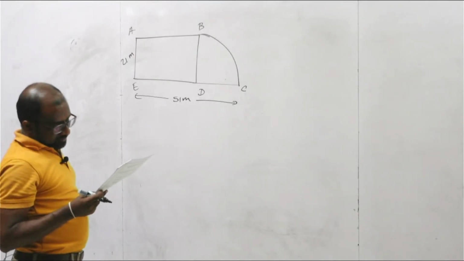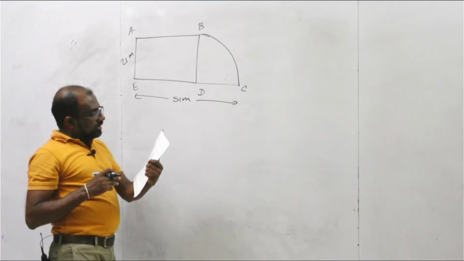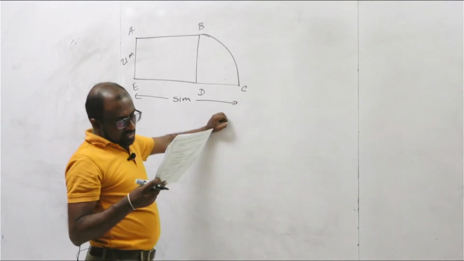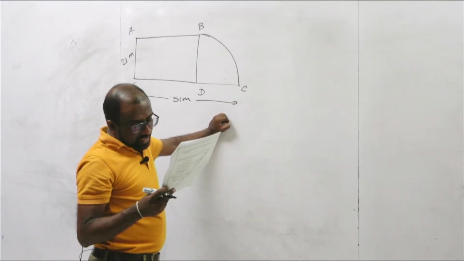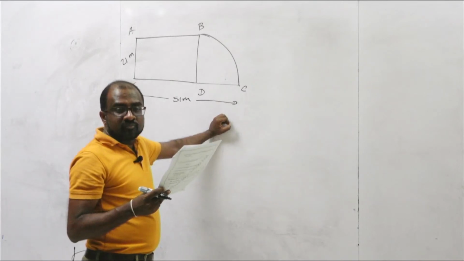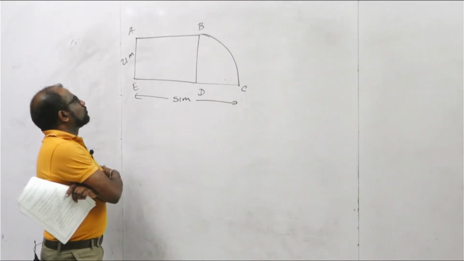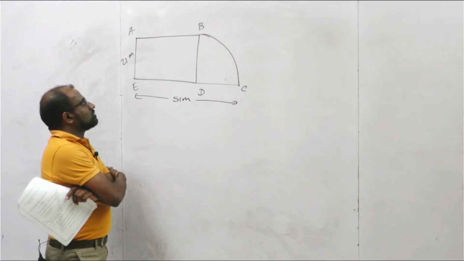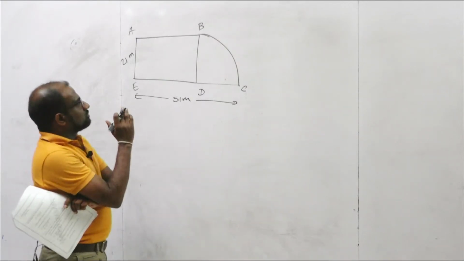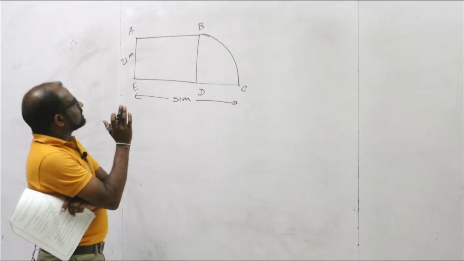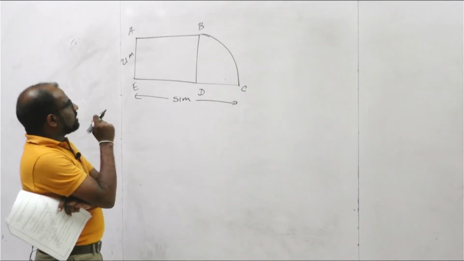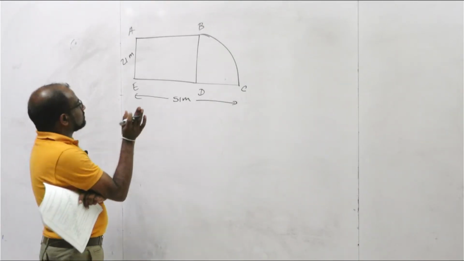You are asked to calculate the perimeter of the garden and the area of the whole garden. To find the perimeter, what are the lengths relevant?